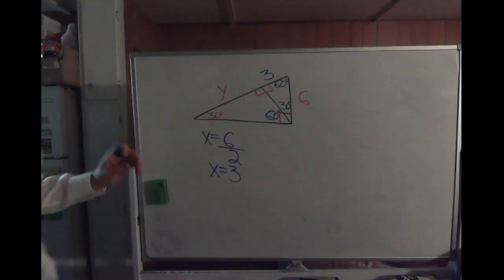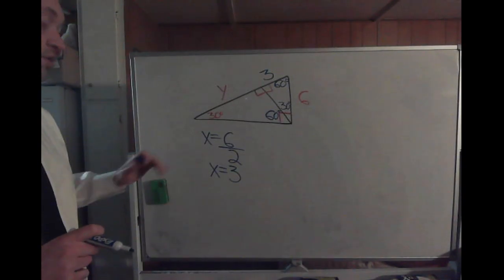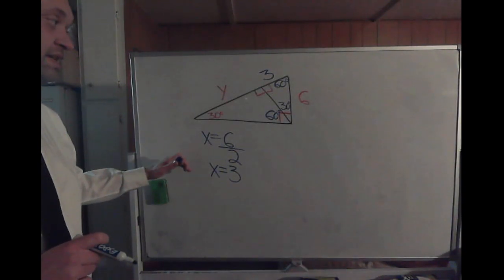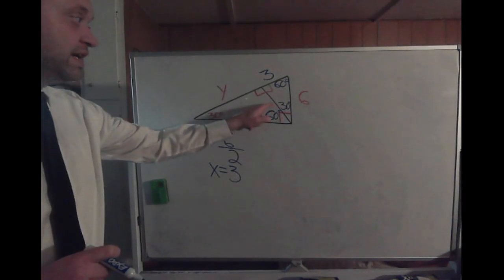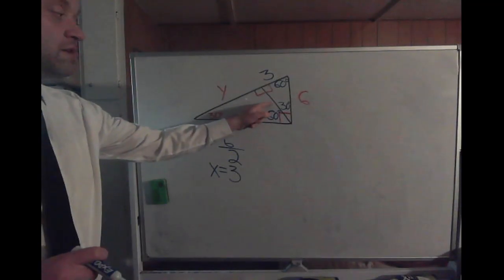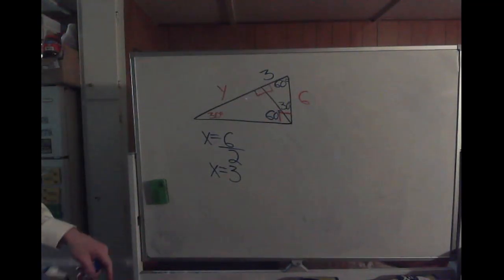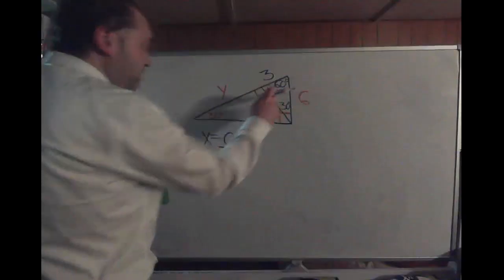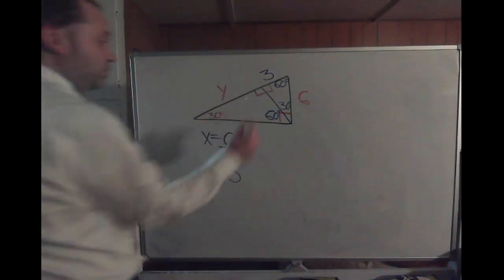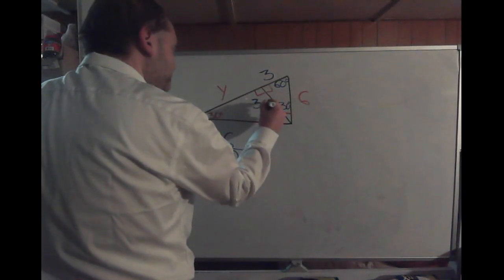And though it wasn't asked for, you are definitely going to need the length of your longer leg, which would be here for this triangle. So the length of the longer leg would be 3 times the square root of 3, literally.